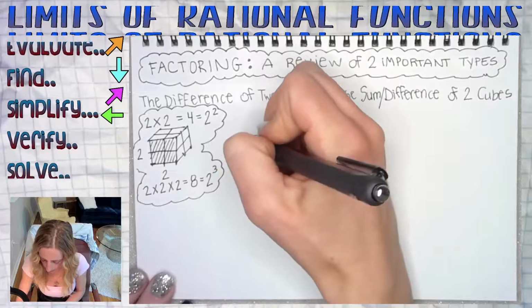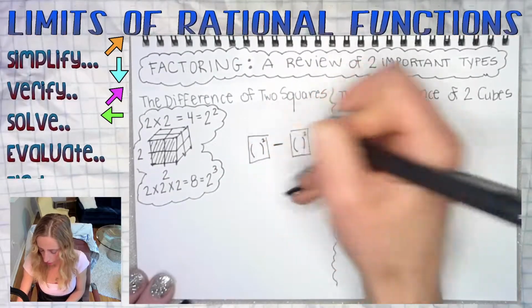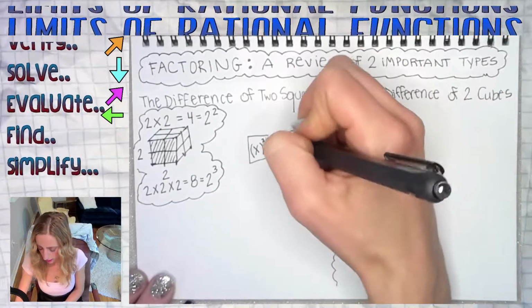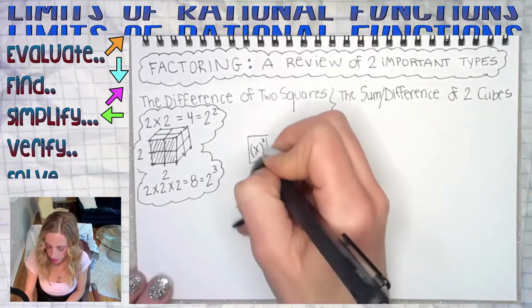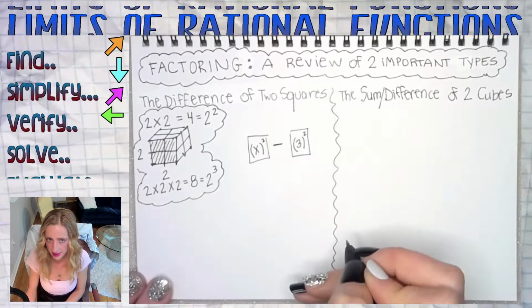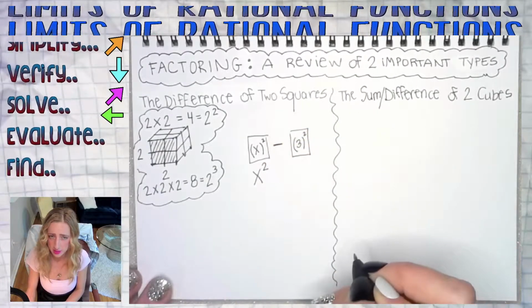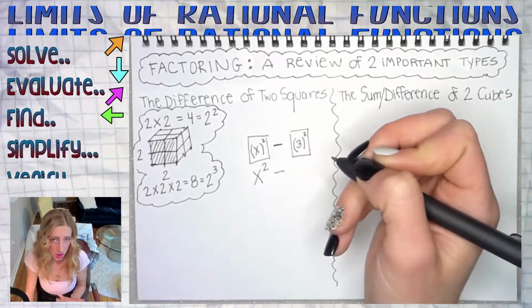Well, if we put parentheses here in a little square, put parentheses here in a little square. What if I had something just as simple as x being squared minus 3 being squared? Well, you probably wouldn't write it like that. X being squared, do I really need those parentheses? No, that just means x times x, which is x squared. And then 3 being squared, usually it would be evaluated.